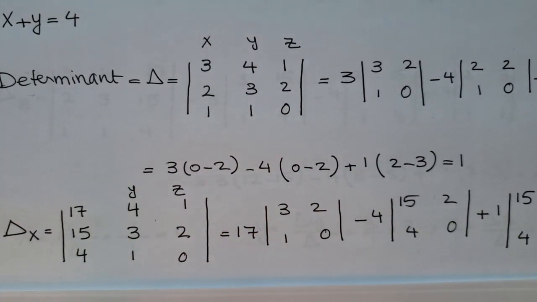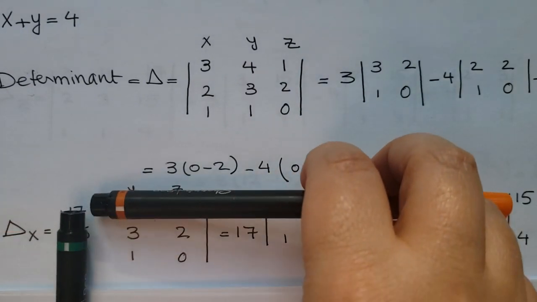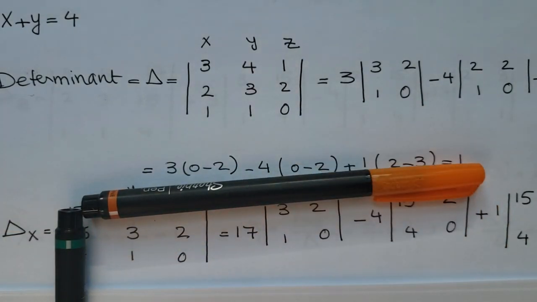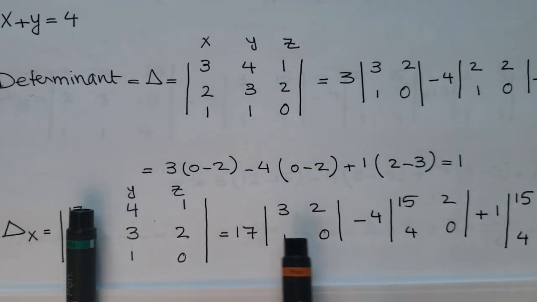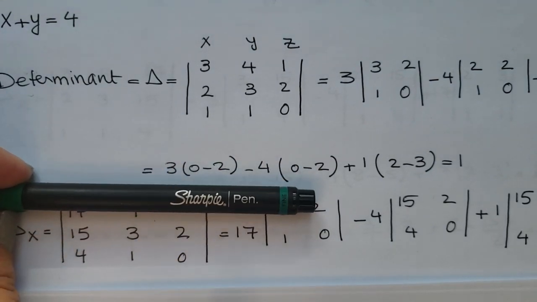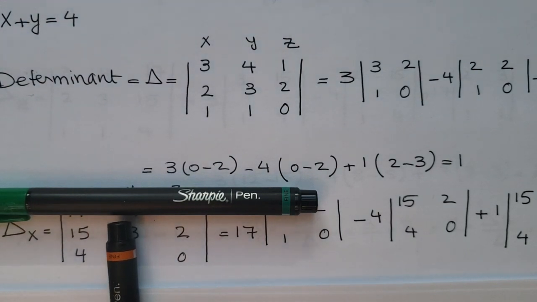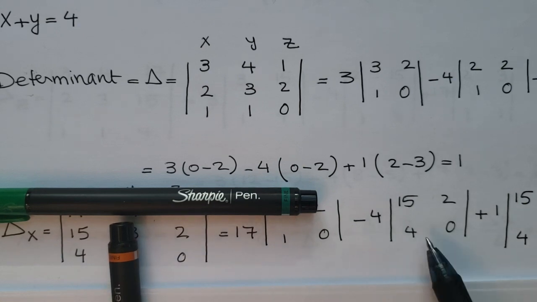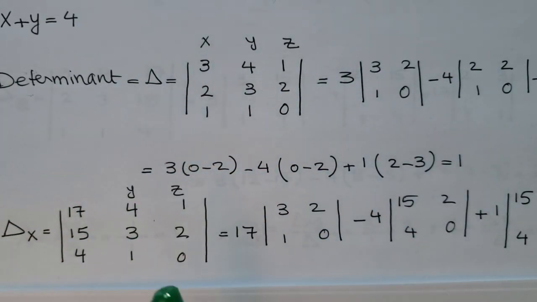Again, let's see how we can calculate this one. The first element is 17. 17 times, we eliminate its row and column, so we are left with 3, 2, 1, 0. The second element is 4, which comes with a negative sign, so it's negative 4. If I eliminate the first row and second column, I am left with 15, 2, 4, 0. And the third main element is 1.